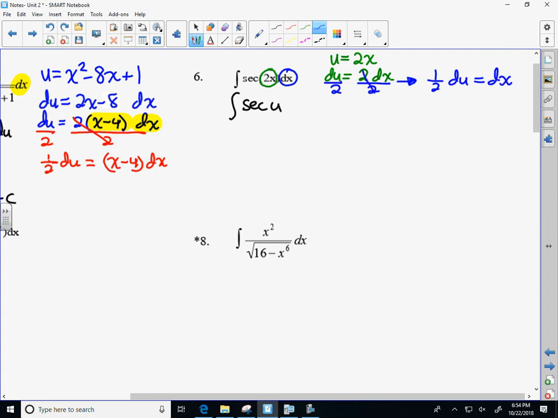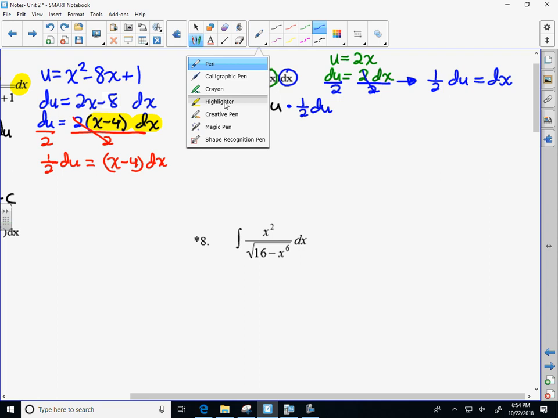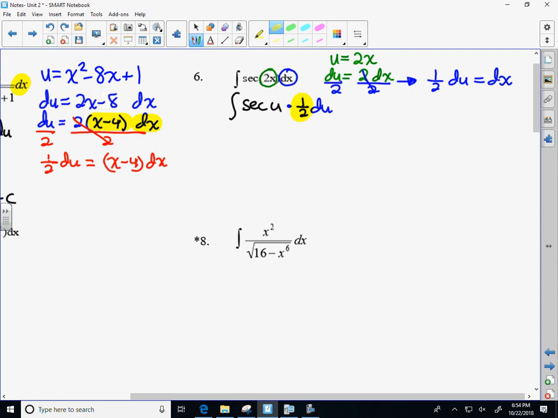All right, so instead of the dx, I'm going to pop in a 1/2 du. That 1/2 is a constant multiplier, so let me take it out of the whole thing. I don't want it in the way, because what I'm about to do, I don't want any distractions to the actual antiderivative of secant. Right? That 1/2, we'll worry about it later.